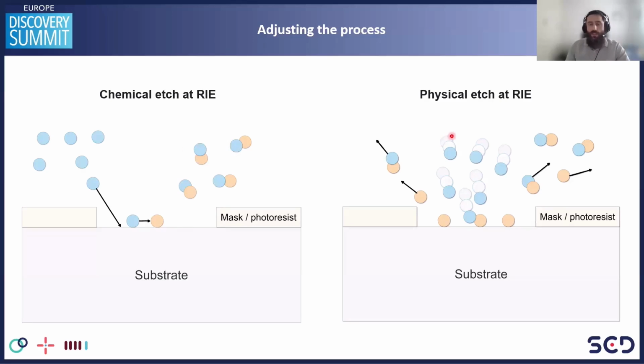While in the physical component, there are ions that are accelerated to the substrate, and with this bombardment, they progress the etch. So in our case, we decided to move more towards the physical etch rather than the chemical component.